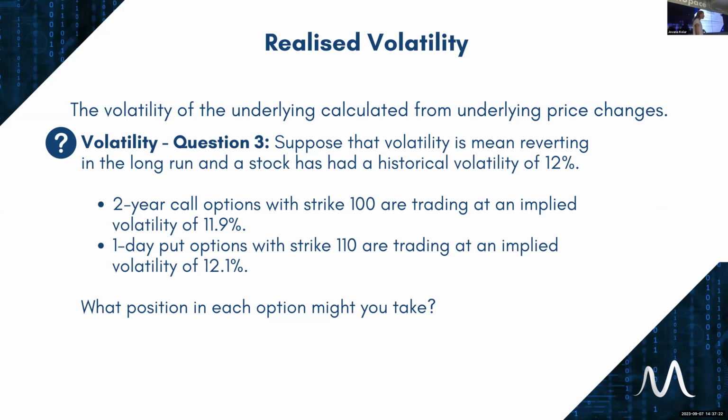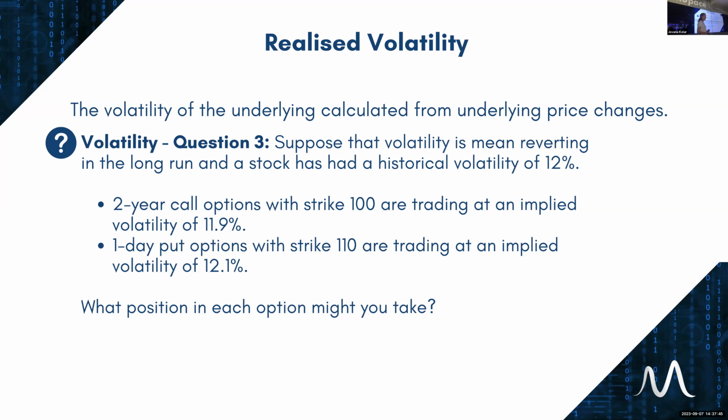So implied vol is in contrast to realized volatility, which is what you actually experience in the market. The prices might imply one volatility, but what actually happens is the realized volatility, and that's how you make money. So for example, if there's more volatility in the market than what you paid for, then you're going to profit generally.